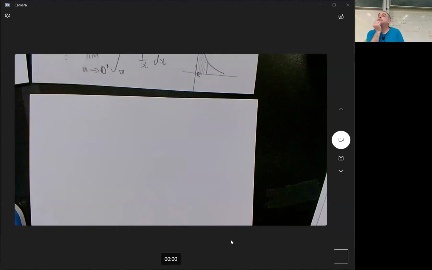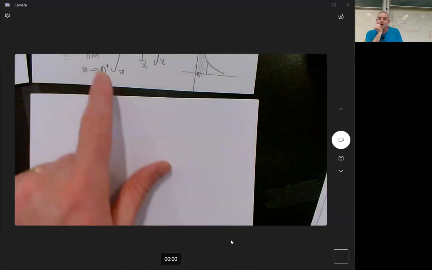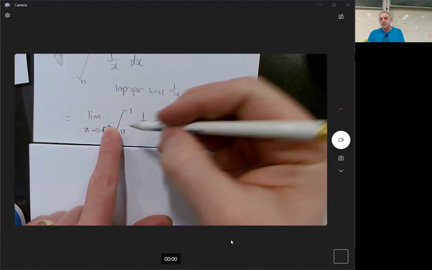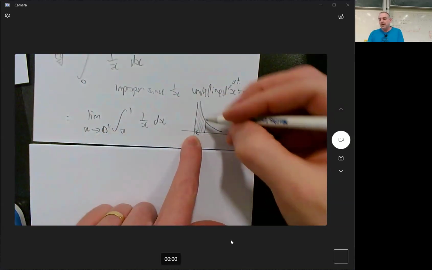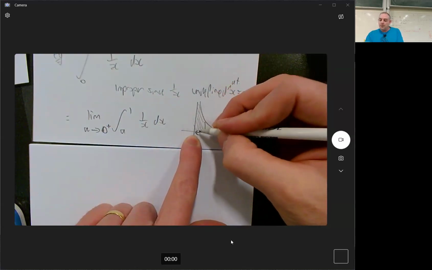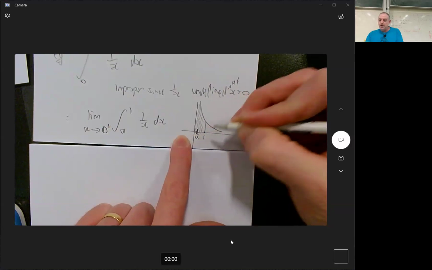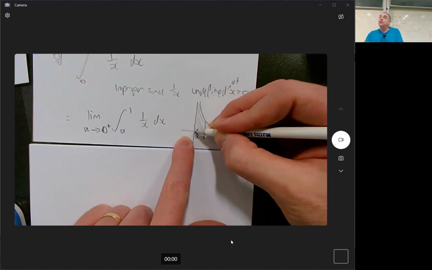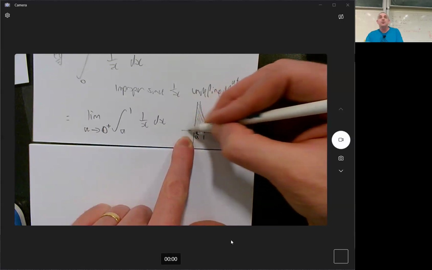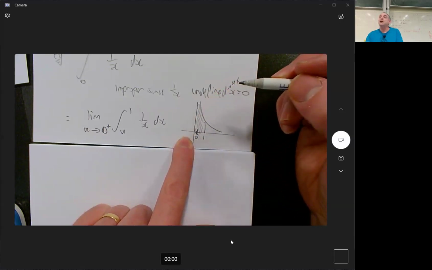Yes? It says 0 plus because I'm coming towards 0 from the positive side, because I'm inside this area here, and I'm going from a to 1 and moving a backwards towards 0, so the a is coming from that side. I don't care what happens if a comes from this side because that's not the area I'm calculating.